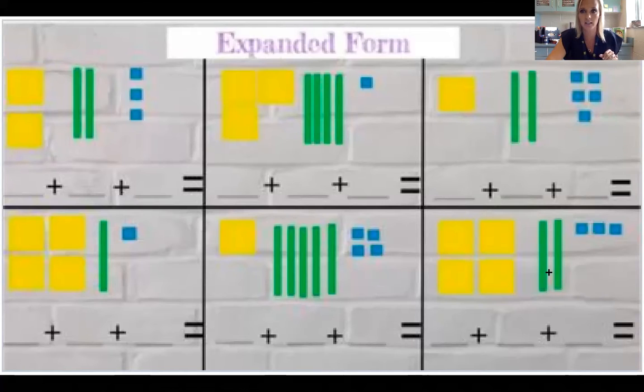It'll be much easier to see on your screen. But here we go. If I look at this first one, I have to stay in order. So how many hundreds blocks are here? 2. Do not write 2 in this block. That's not what they're asking. They're asking how many hundreds there are. There are 200. So 200 goes inside of this first blank.